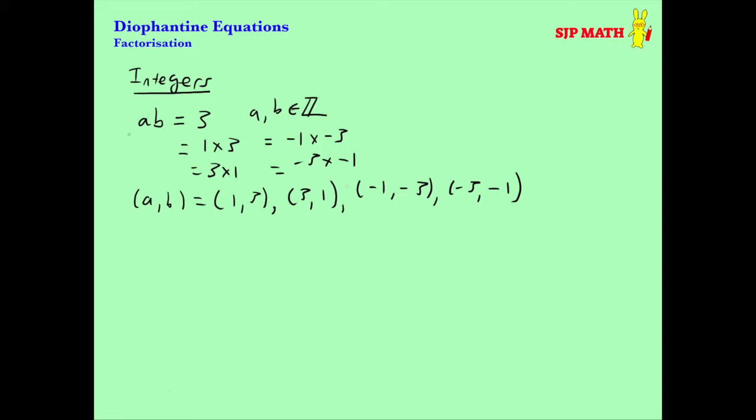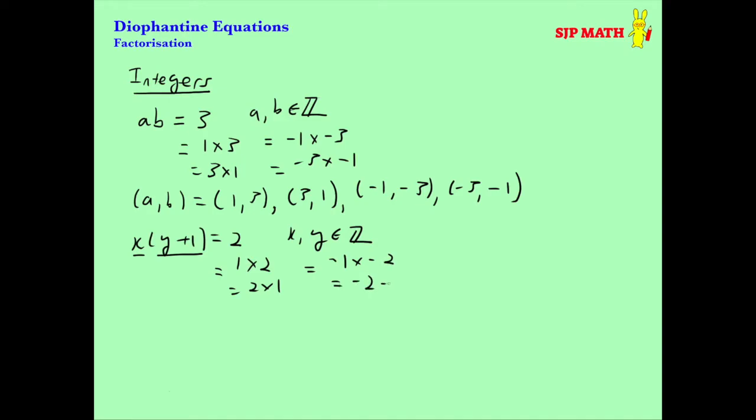Here a times b were integers, but what if we have x times (y plus 1) is equal to 2, and x and y are integers? It's the same thing, because if y is an integer, then y plus 1 is an integer. So it's an integer times an integer equal to 2, and 2 can only be 1 times 2, 2 times 1, -1 times -2, or -2 times -1.